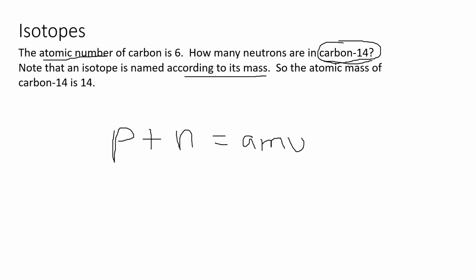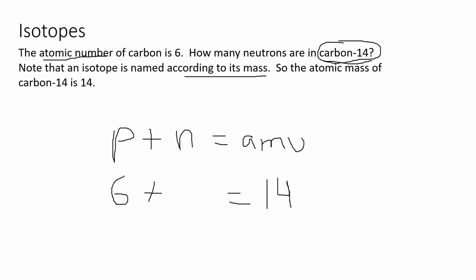That means there's 6 what? Protons. Do we know how many neutrons there are? It doesn't tell us. But what does the question tell us? Well, the entire mass of the isotope. Remember, an isotope is named according to its mass. So carbon-14, the mass is 14.